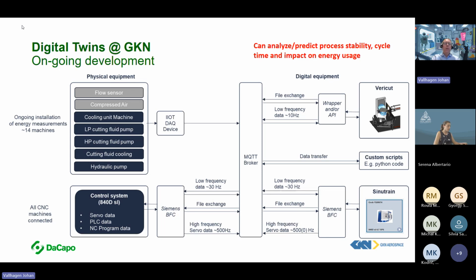So the bottom part here is very much related to the machine system behavior. You can have a good connectivity with low and high frequency data, and this software called Synertrain, which simulates or emulates your components and the control systems of the moving parts of your machine tool.